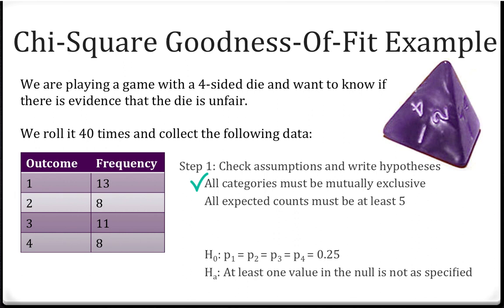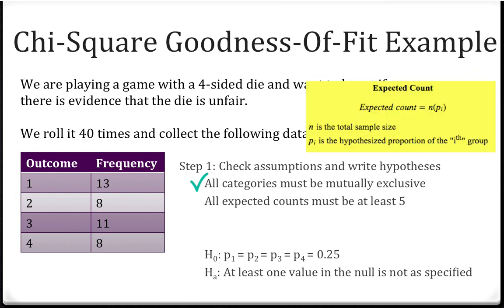Now that we have our hypothesized proportion for each category, we can go back to compute those expected counts. Here's our formula for computing expected counts. It's going to be n, which is the total sample size, in this case 40, times p sub i, which is the hypothesized proportion of the ith group.